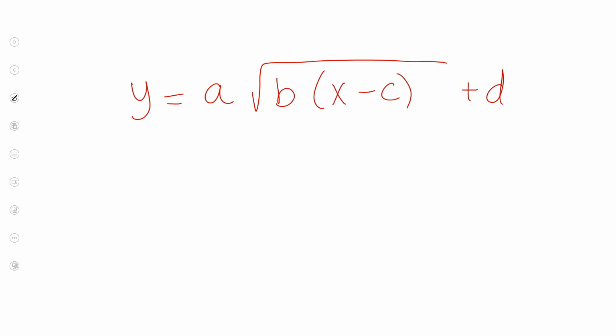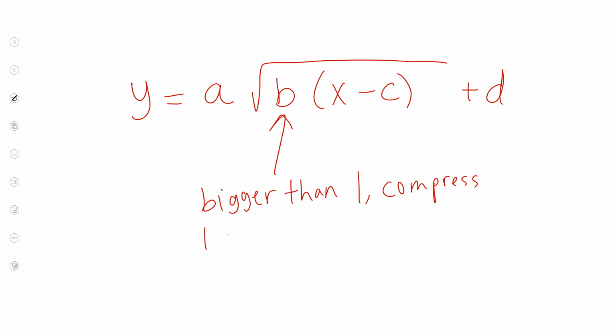Everything else is review. If this number is bigger than 1, it's a compress. If it's less than 1, it's a stretch. Okay? And then you just flip the numbers.